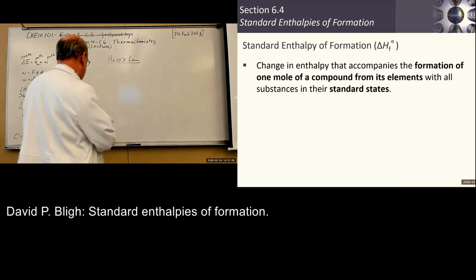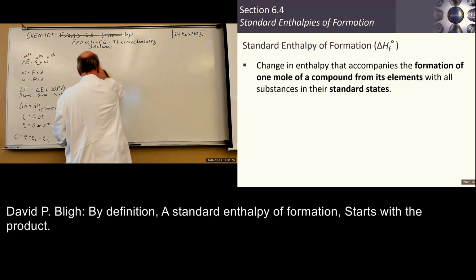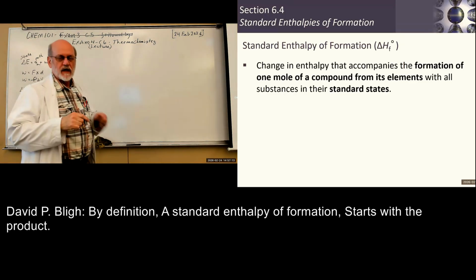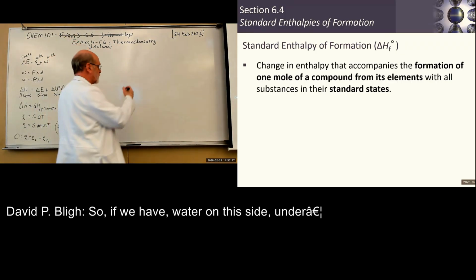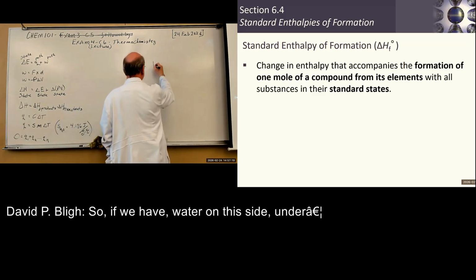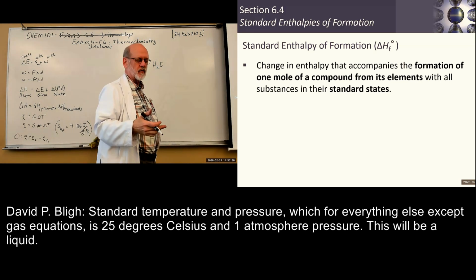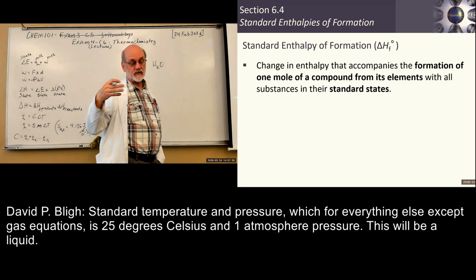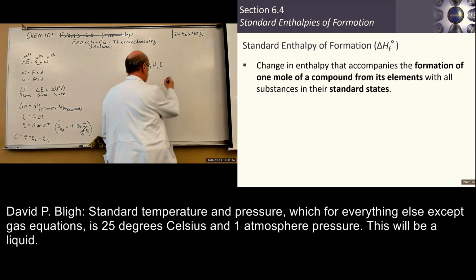Standard enthalpies of formation. All right. By definition, a standard enthalpy of formation starts with the product. So if we have water on this side under standard temperature and pressure, which for everything else except gas equations is 25 degrees Celsius and 1 atmosphere pressure, this will be a liquid.